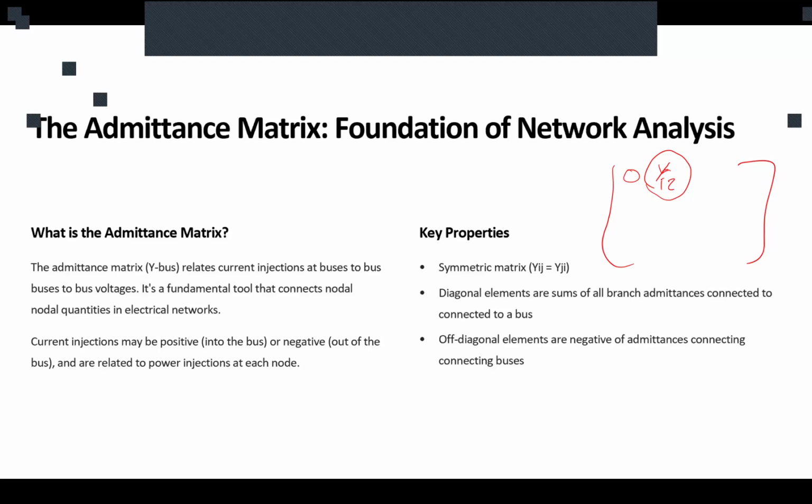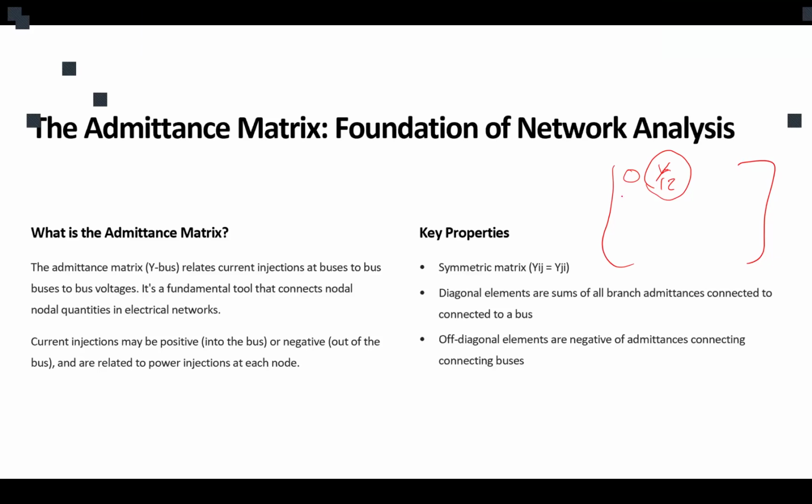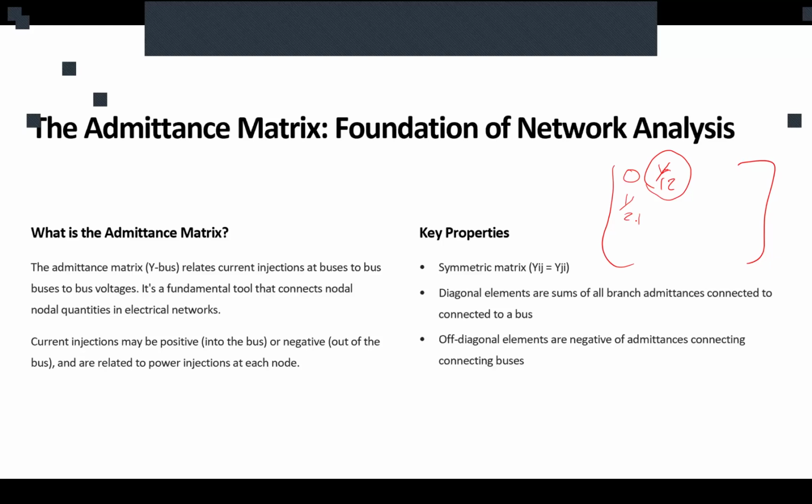It makes sense that y21, which is how bus 2 and 1 are connected, should be the same. So the admittance matrix has symmetric properties within it.